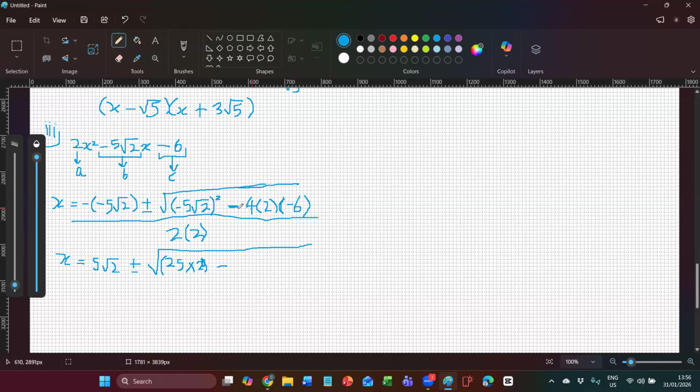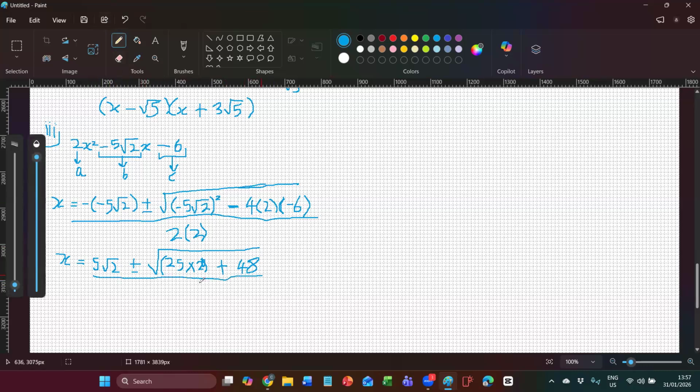Then the same thing that happened in the question we solved before this one, that's number 2: minus minus is going to give us a plus. 4 times 2 is 8. 8 times 6 is 48. Okay. So we'll just put our 48 there. And of course, I'm sure you can see that it's going to give us a big number, but it's not something we can't handle. Remember the way I handled it in the previous question. We're going to do exactly the same thing here. Okay.